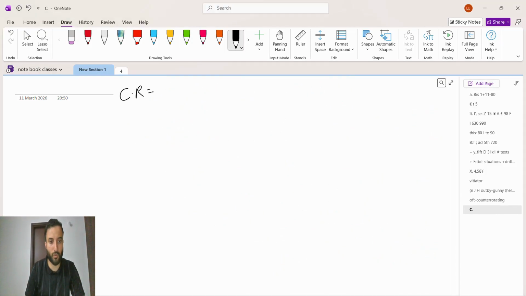And the compounded ratio formula is, we know, product of antecedents divided by product of consequents.